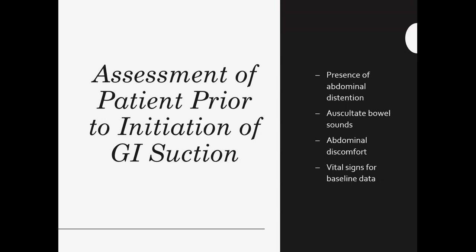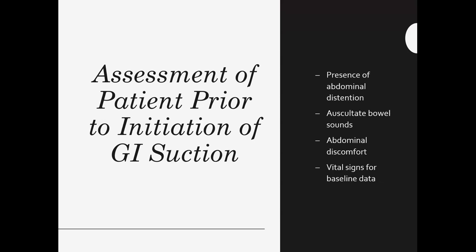Okay, so if we have an NG tube on our patient and we are planning to hook them up to suction per physician orders, we want to make sure that obviously we do an assessment before and throughout their treatment. Okay, so we're going to look for presence of abdominal distension. So is their stomach distended? Is it kind of firm? Is it causing discomfort?